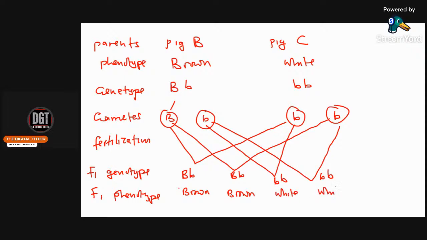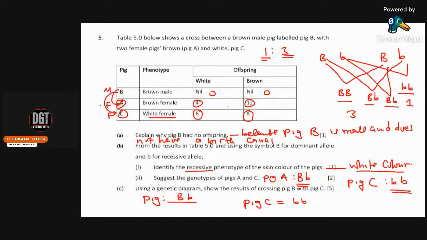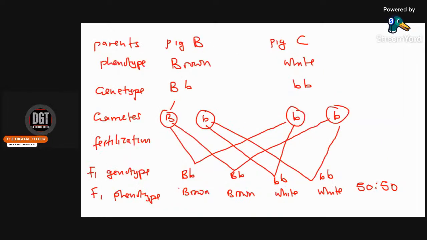This will be white. So which means the chances are 50, 50. And if you look at this one, this is 50-50. So that is the correct cross that we can carry out there. So using the genetic diagram, show the results of the crossing between pig B with C. So that is how we cross it. Okay. So this answers question 3.